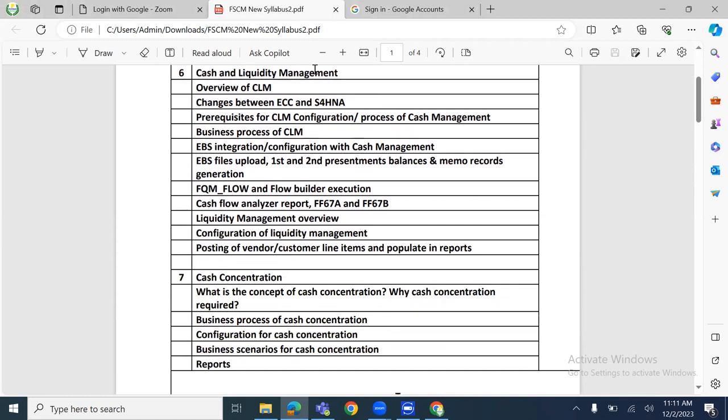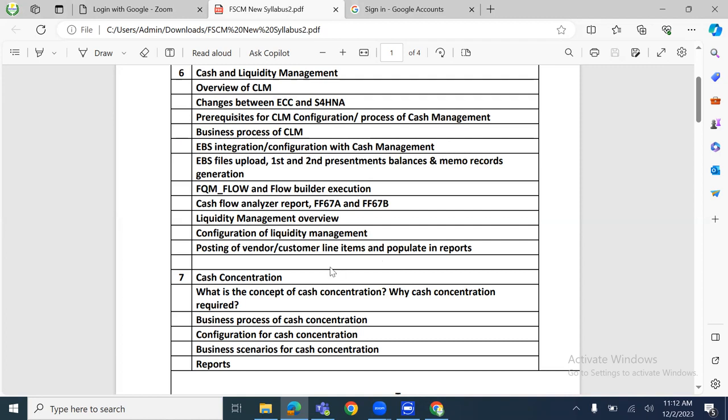Cash and liquidity management. Under cash and liquidity management: overview, changes between ECC and S4HANA, prerequisites for configuration, process of cash management, business process of cash and liquidity management, EBS integration, configuration with cash management, EBS files upload, first and second presentment, balances and memo record generation, FQM_FLOW and flow builder execution, cash flow analyzer report, liquidity management overview, configuration of liquidity management, posting of vendor customer line items and populating them in the report.